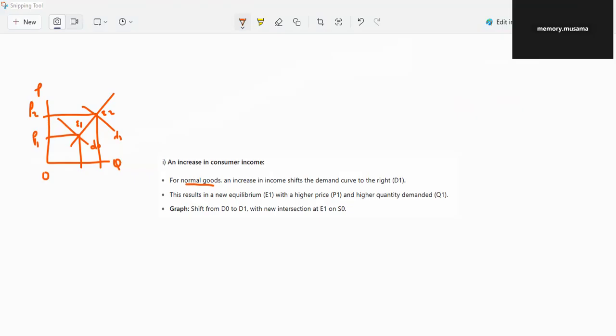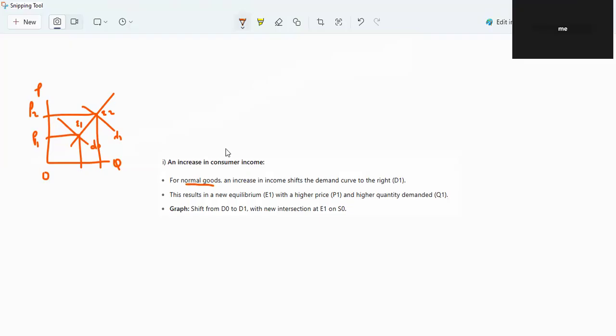People will buy tea instead. Yes, the tea producers will be happy. Why? Because people will demand less of coffee and shift to tea. So we call that the substitution effect.